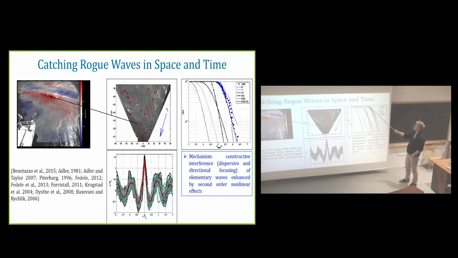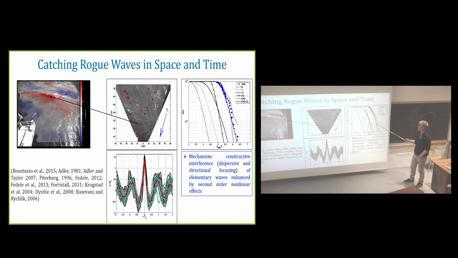These are the observational points, the observational crest height put in an EDF distribution, nothing related to the standard Rayleigh distribution. The Fedele distribution, for long-crested seas, is able to reproduce the probability of this type of wave taken in space-time, thanks to the work by Fedele in 2012, and then the later evolution, including second-order bound harmonics.